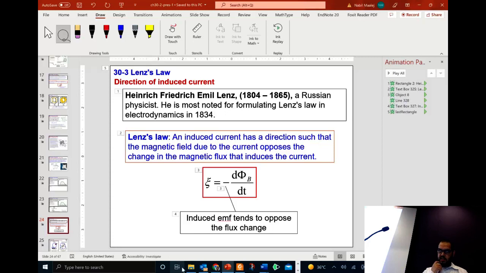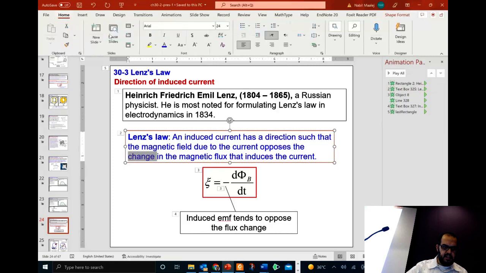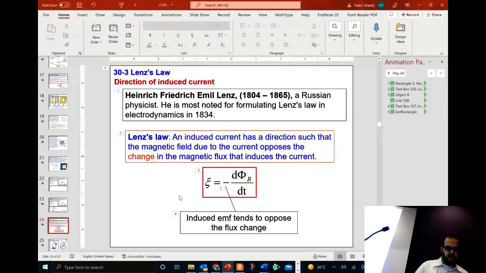So it opposes the change. It does not oppose the direction, it opposes the change of the magnetic field. If I were to highlight this in red, it opposes the change. It doesn't like changing magnetic flux, so the induced EMF opposes this change.